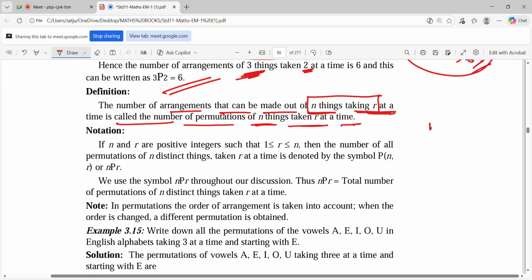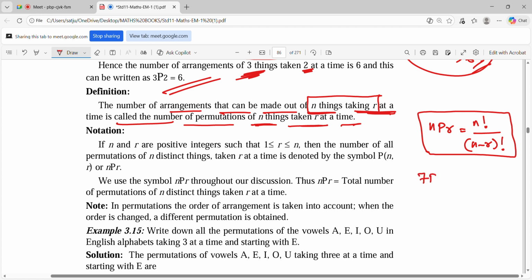Now, nPr is nothing but your permutation. nPr is equal to n factorial by n minus r factorial. This is a very important formula one has to remember. Just now in the previous case we did 7P2.